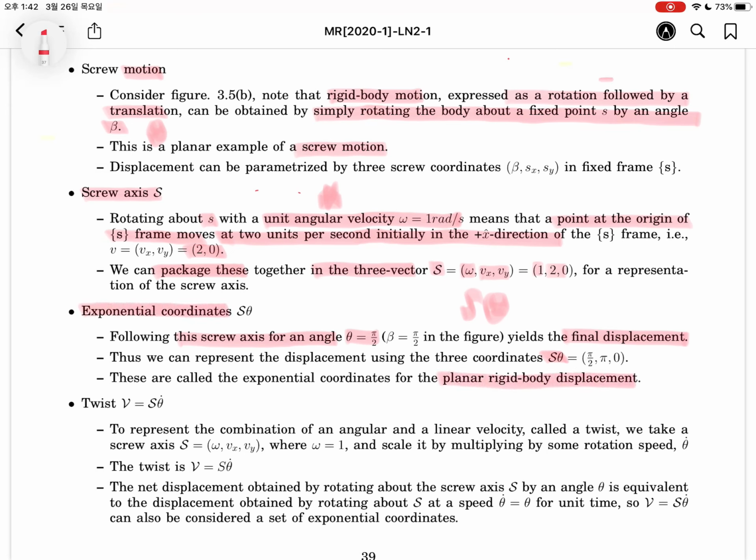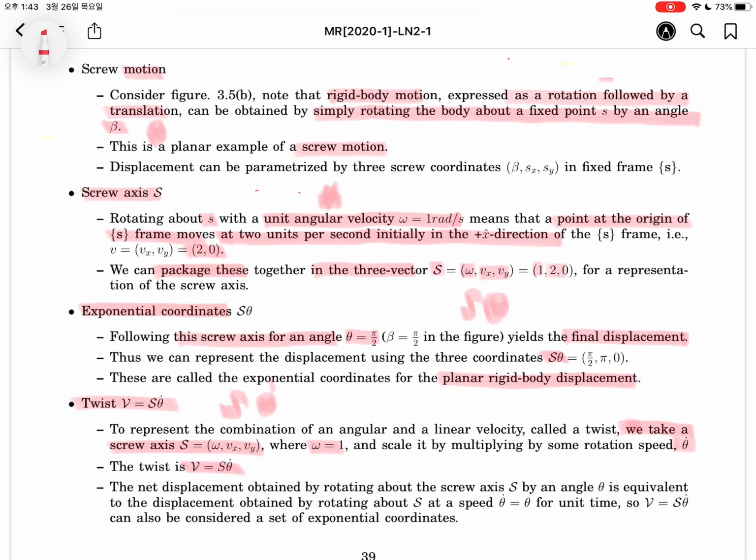Okay, the screw axis multiplied by the angular velocity theta dot will be defined as a twist like this. So we take the screw axis, in which we assumed omega s is 1 all the time, but if you apply the actual angular velocity, then we can get the combined linear and angular velocity of the rigid body motion. It is called a twist.